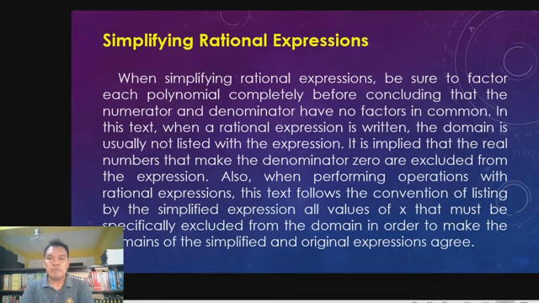So in performing operations with rational expressions, we always take note of all the values of x, or the domain, that would produce a zero denominator. We take note of them and put them there so that when we solve and simplify, we have already identified the values that should not be used because our denominator would become zero.